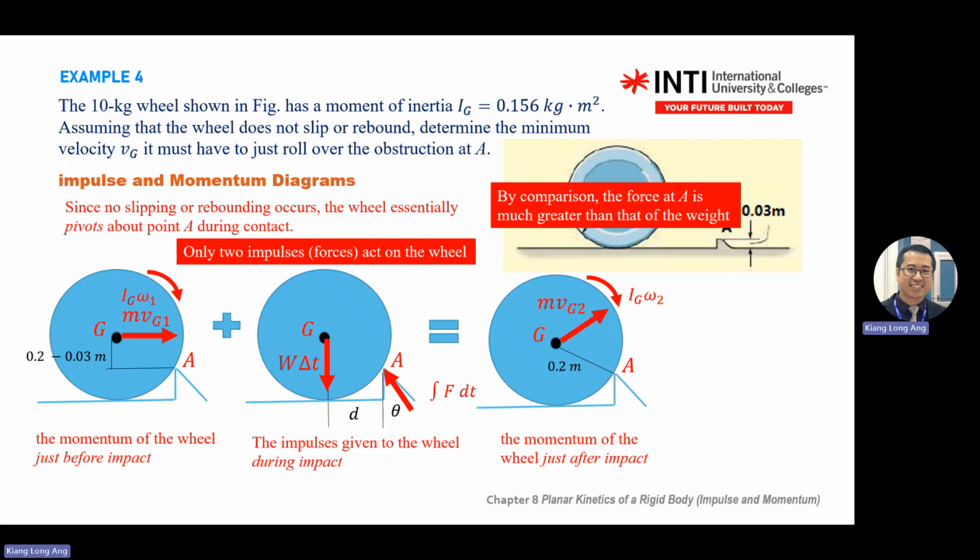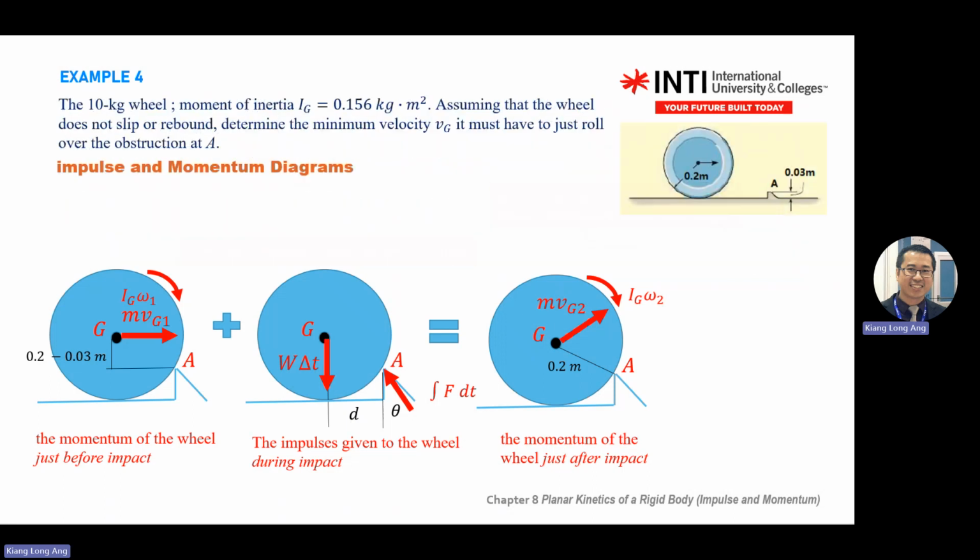So this is just a reminder. By comparison, force at A is much greater than the weight. The force at A will be greater than the weight. So how do you know A is greater than weight?